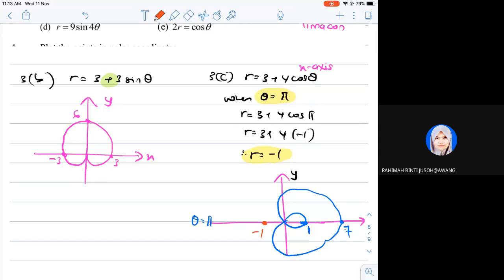However, for the case of polar with negative, what you should do is you have to reflect. Okay, in terms of notation, dari segi penulisan, ya betul, negative 1 berada di sebelah kiri. Tapi, bila radius negatif, bermaksud you kena reflect masuk ke dalam. That's why dia ada kat belah dalam ni, positive 1.